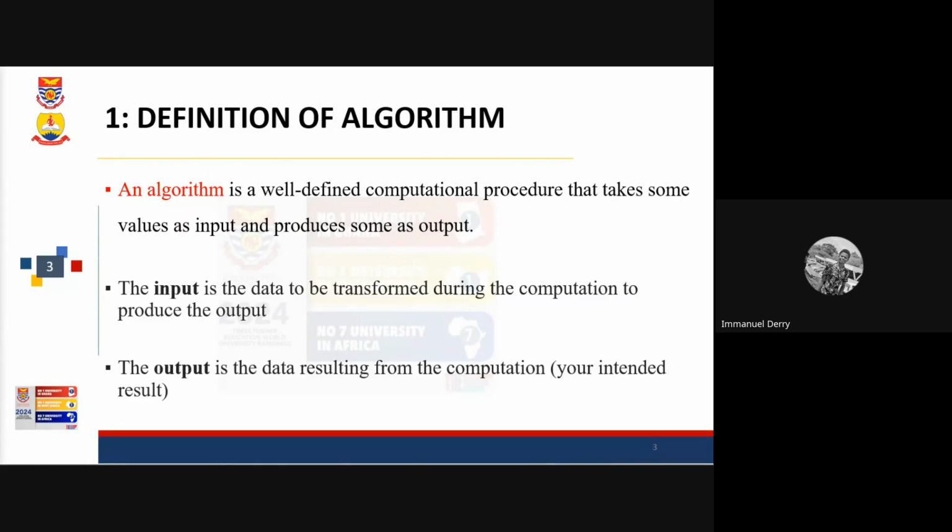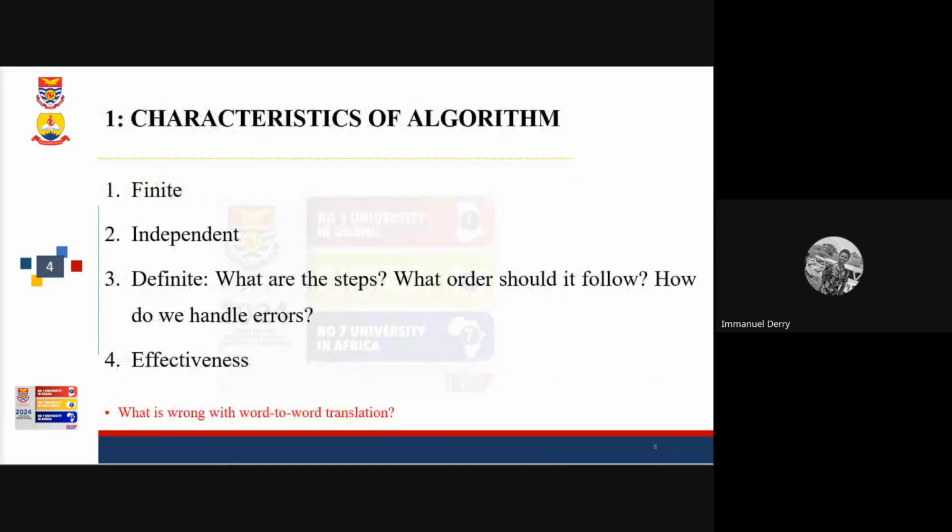So for instance, if you have to perform an arithmetic operation on 2 plus 2, in that sense, the 2 and the other 2 become our input, and the result that we are expecting, which is 4, becomes the output. And this is to say that every algorithm should be able to take input, and as well, it should be able to give us output.